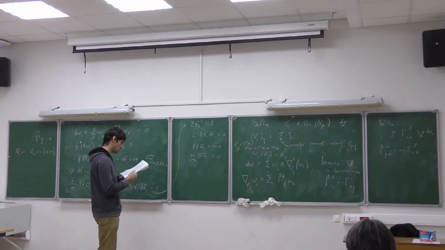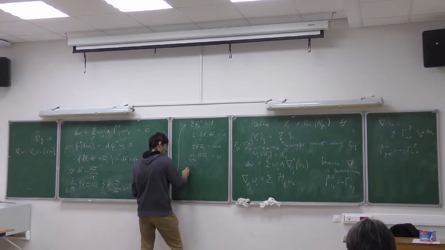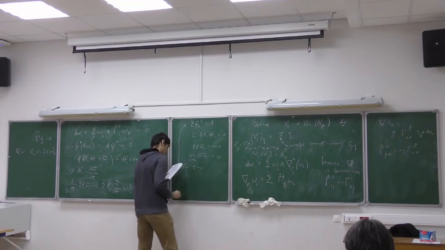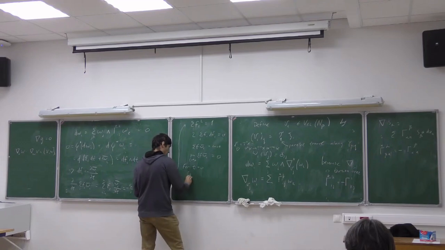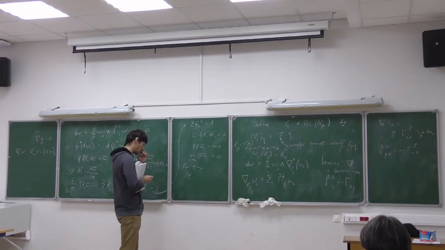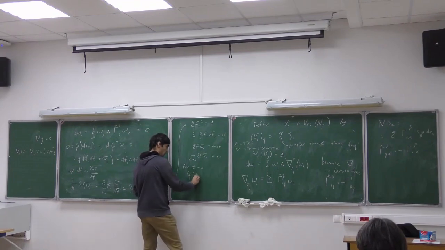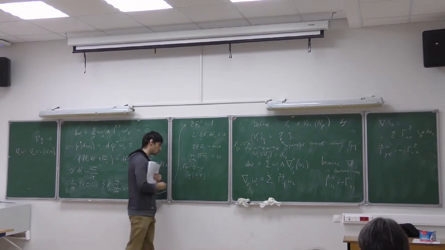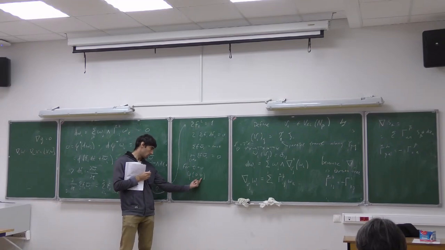Why? Because for t equals 0, I have the map phi, right? It does what? Well, it takes two things: a real number and a vector from the tangent space.